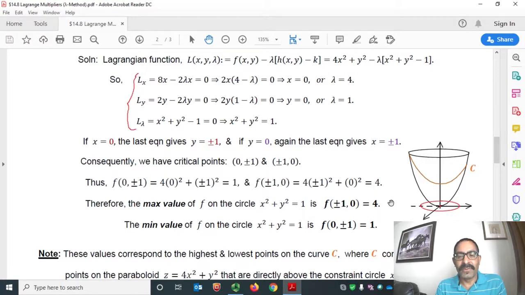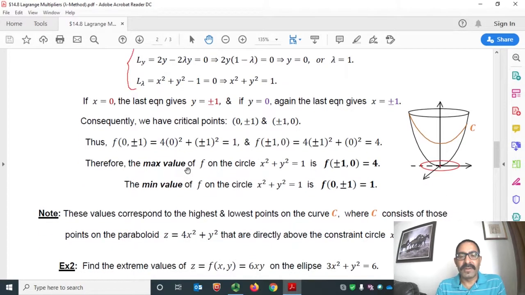So we found the maximum is 4 and the minimum is 1, with the maximum at these 2 points and the minimum at these 2 points. So the maximum of f on the circle is 4 at the points (plus or minus 1, 0), and the minimum is 1 at the points (0, plus or minus 1). I hope this computation makes sense to you all.